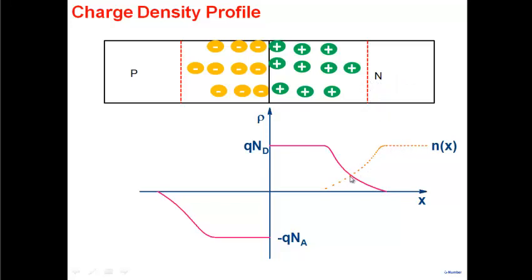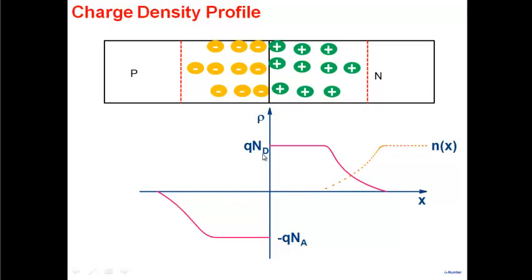Electron density is constant and starts reducing. Pretty soon it doesn't become zero, but it becomes much smaller than the donor concentration here. And therefore, in this region, the charge rho, which is nothing but Nd minus n, increases and then practically becomes equal to Nd, because the electron density has become much smaller than the background donor density.